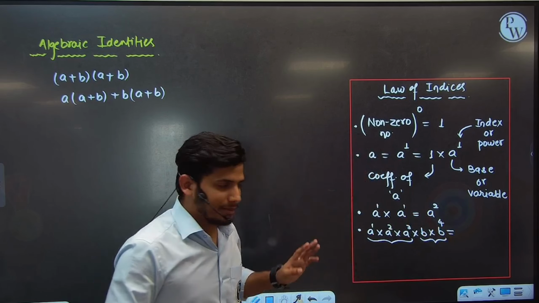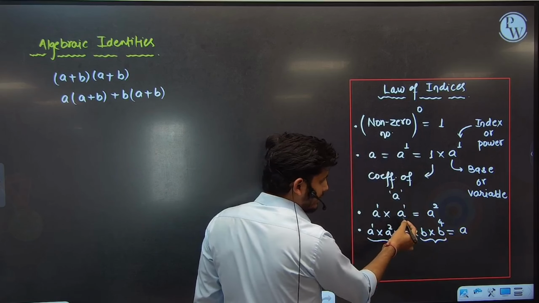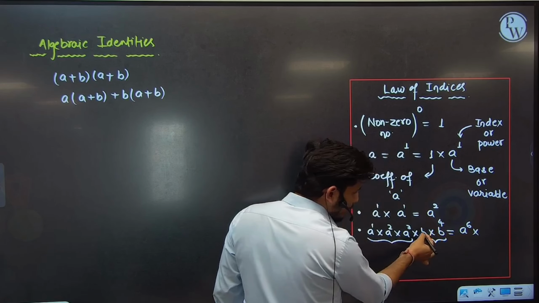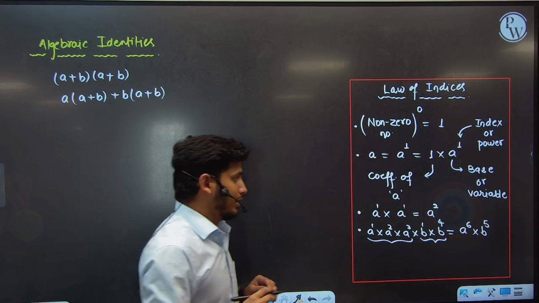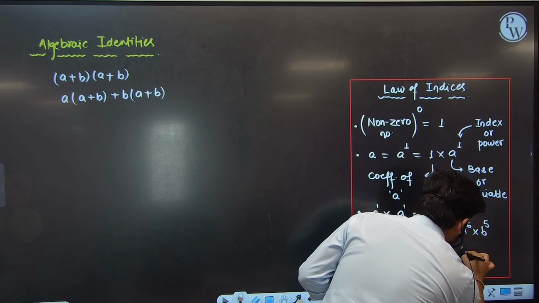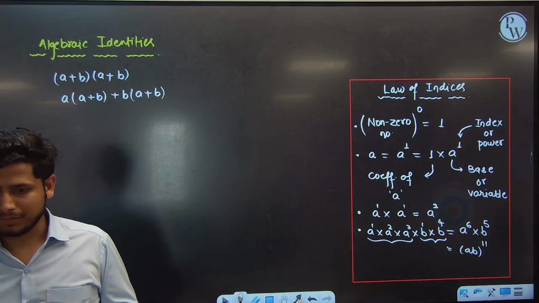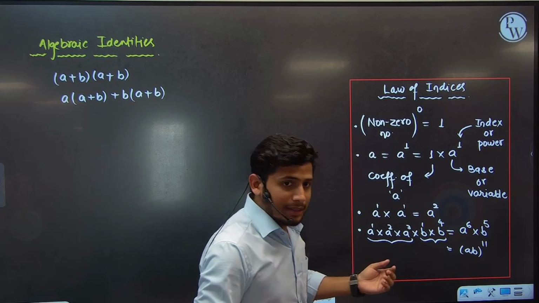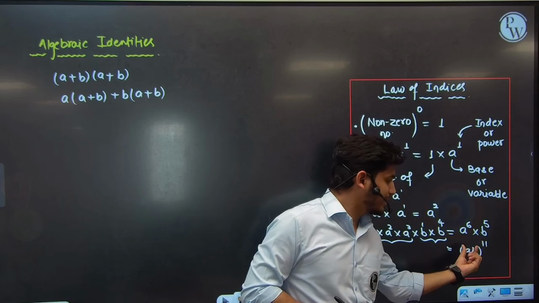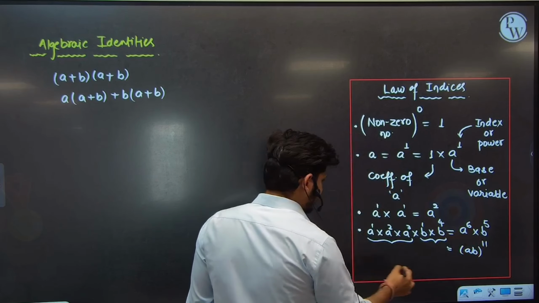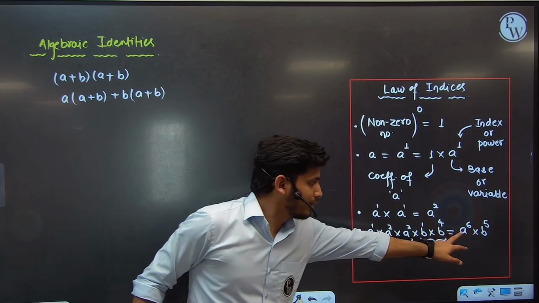Now we want to multiply it. So a to the power 1 plus 2, 3, and 3, 6, into b to the power 5. Now you can't write it in this form because a and b are different bases, so you can't express it in this form. So this is your final answer.